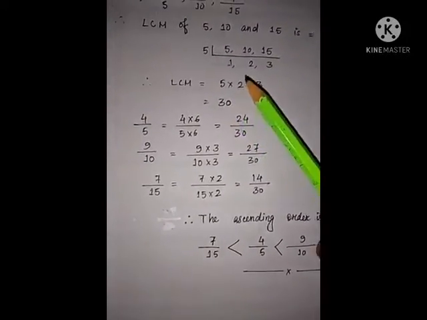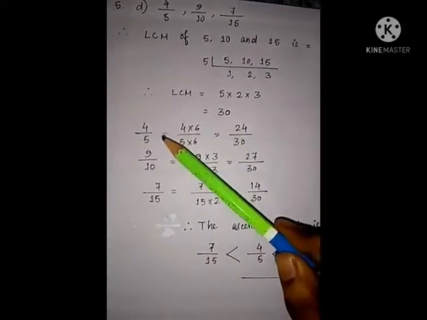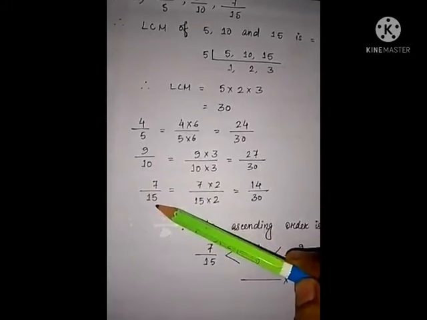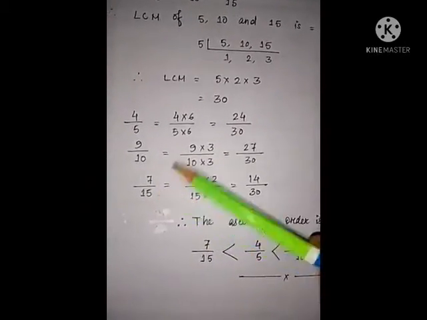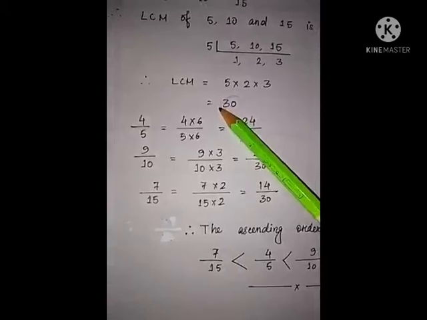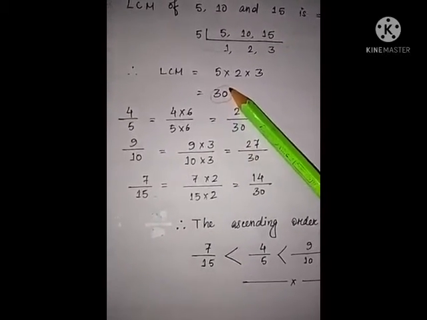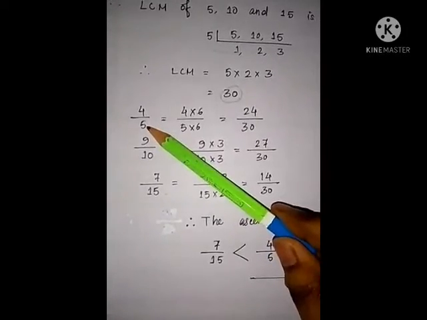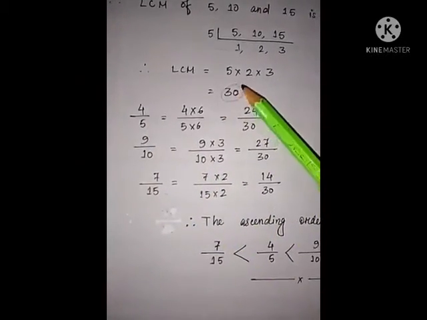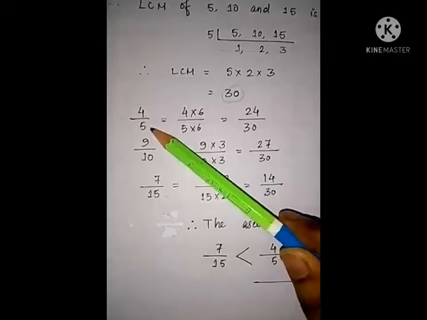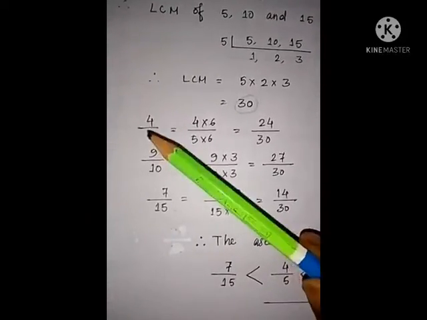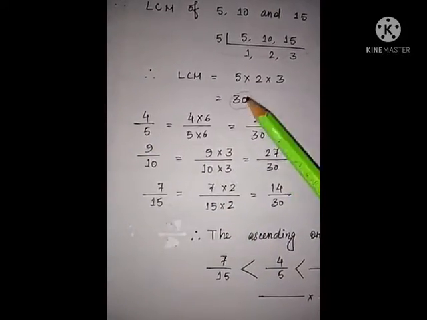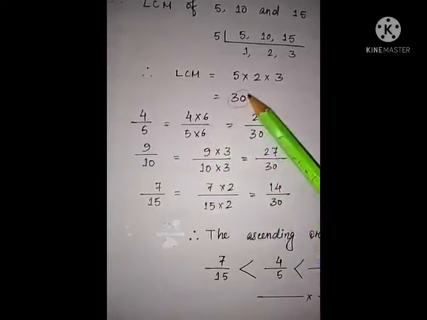So now we have to make all the denominators equal, and equal means we have to find 30 by multiplying particular numbers with the denominators to get this LCM. Okay, so what number will be multiplied by 5 to get 30? That is 6. 5 6s are 30.